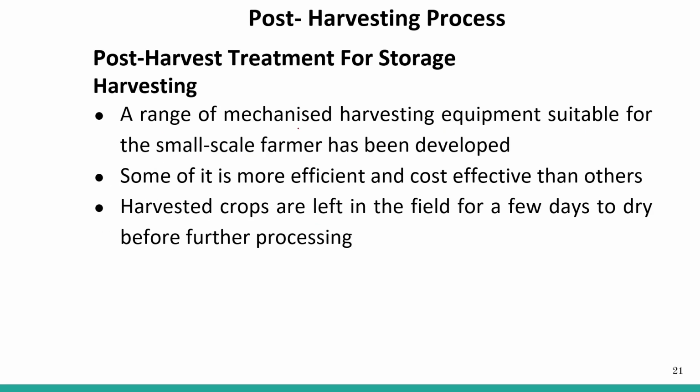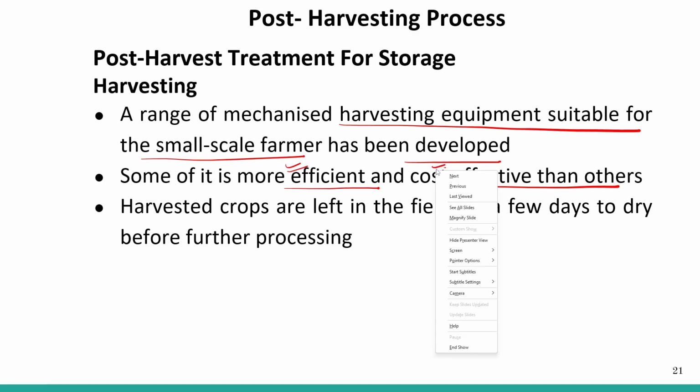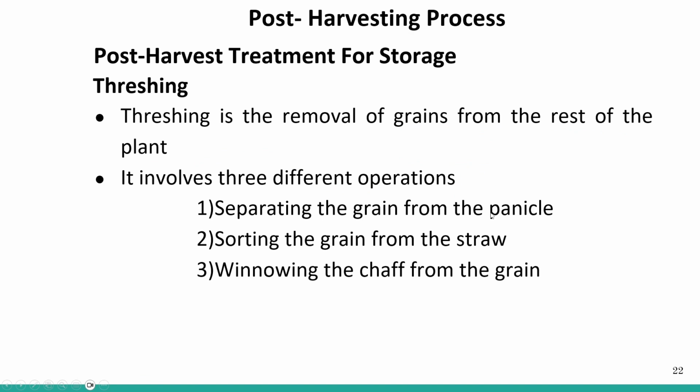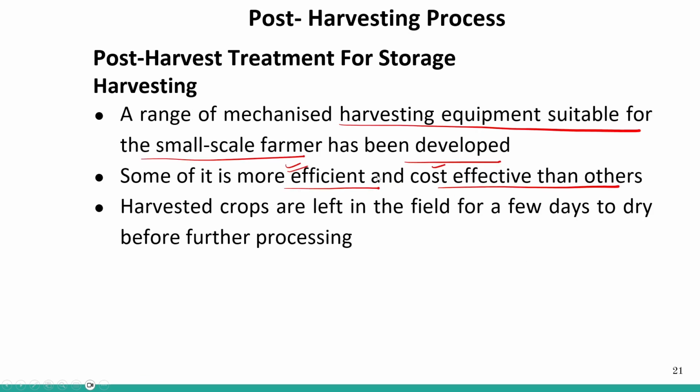A range of mechanized harvesting equipment suitable for the small scale farmer has been developed. Some of it is more efficient and cost effective than others. So some are very efficient and some are cost efficient. According to the availability of the method, the machines or the manpower, we can opt for the harvesting method.